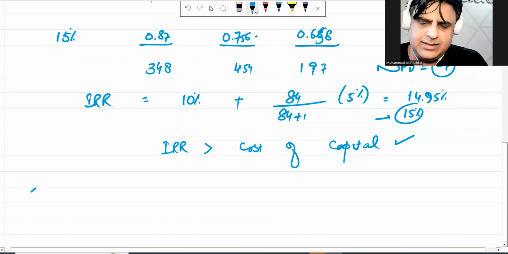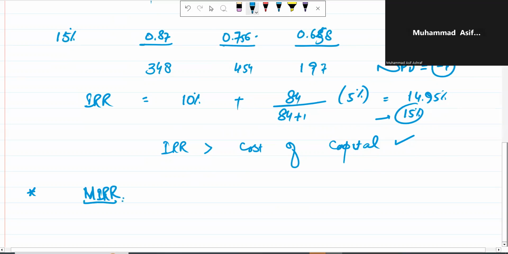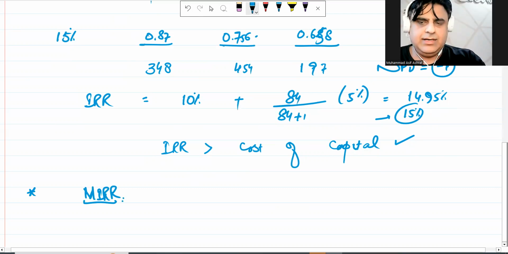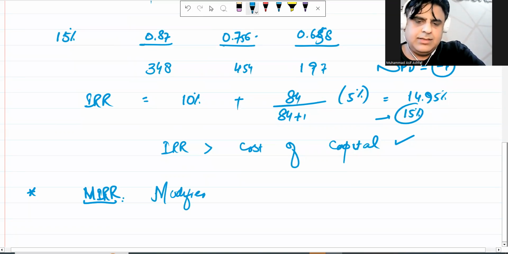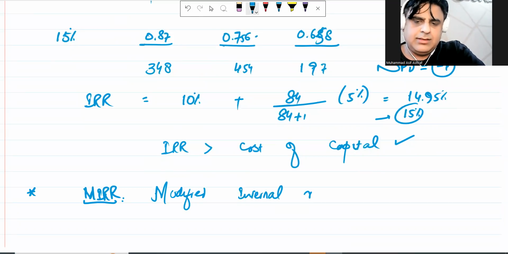Now we have another technique which is called MIRR, the modified internal rate of return. I'll be making a difference between these two, but let's first calculate it.